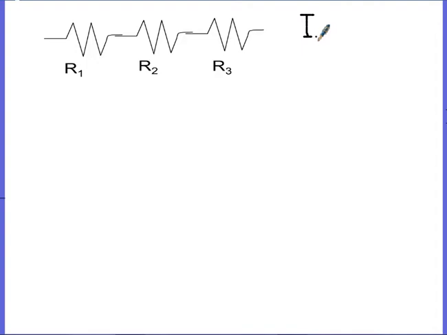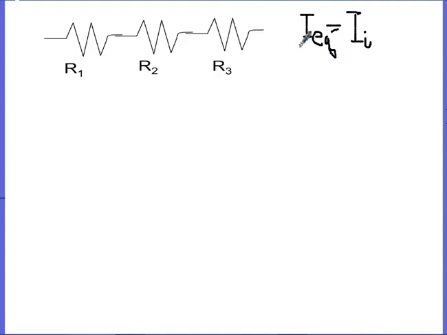And so the equivalent current is equal to each of the individual currents that you have there. Oh, should use the lowercase i, shouldn't I? Each of these currents, i1, i2, or i3, is going to be equal to the equivalent current.